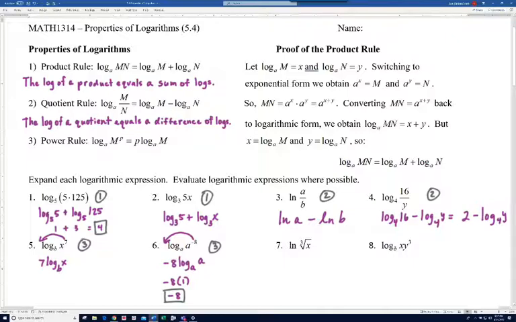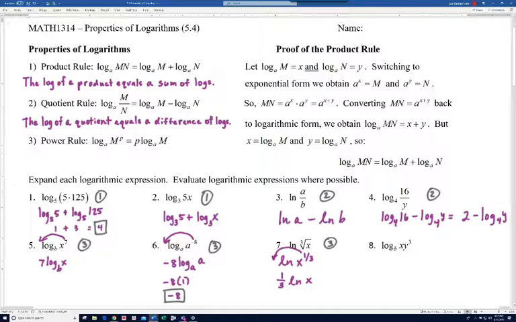This is x to the 1/3 power. And so we can write this as the natural log of x to the 1/3 power. So now we can use property 3, and we'll move that 1/3 out front, and we get 1/3 times the natural log of x.